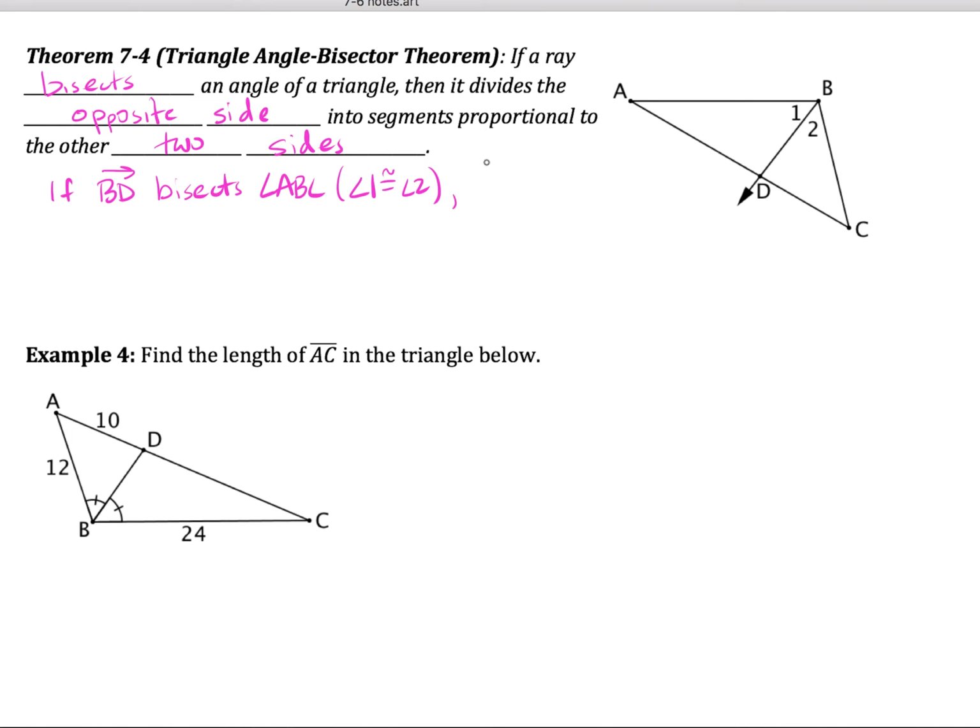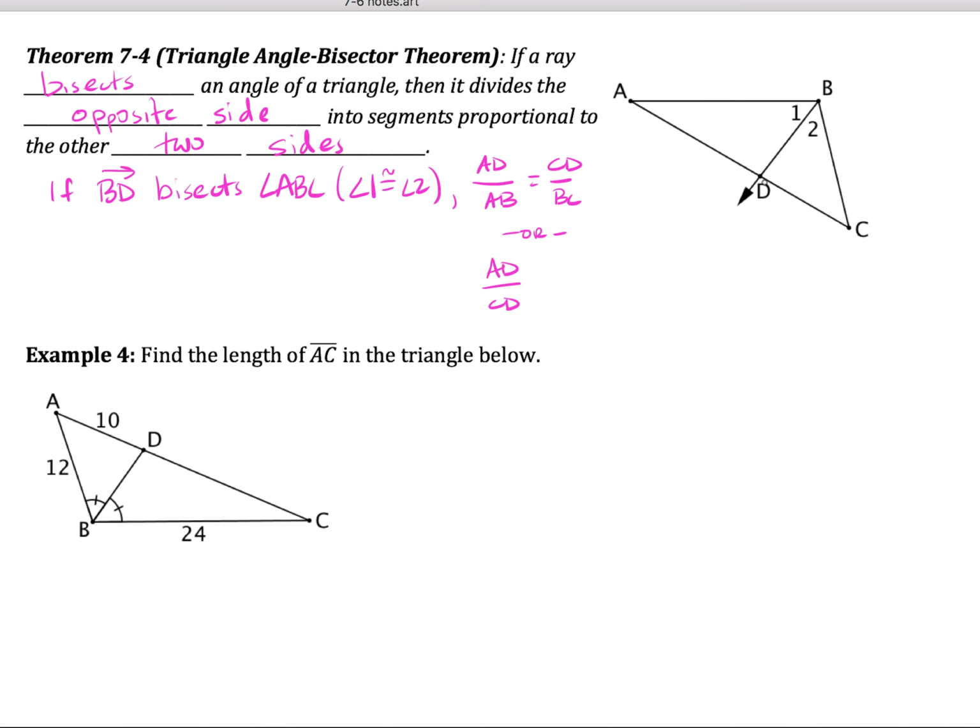And so what that would look like is a proportion that compares AD to AB in a ratio, and that ratio would equal CD over BC. Or, to stay consistent with what we've done with some of the other proportions in this video, we're going to switch the means to create another proportion that would also be true, and it would say AD over CD.